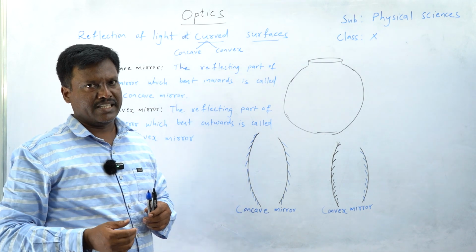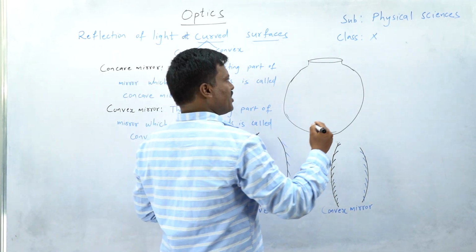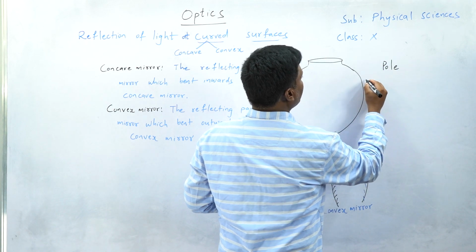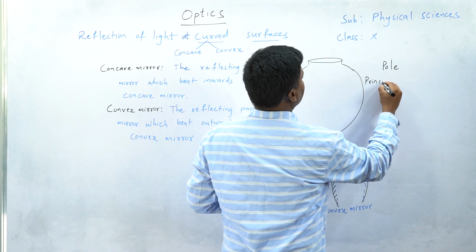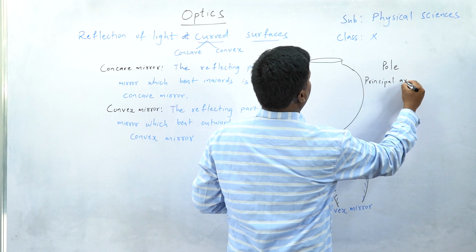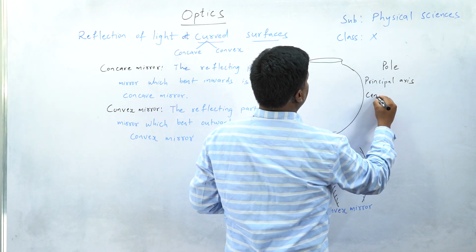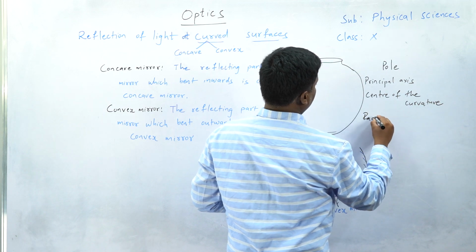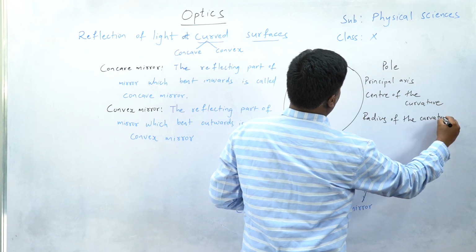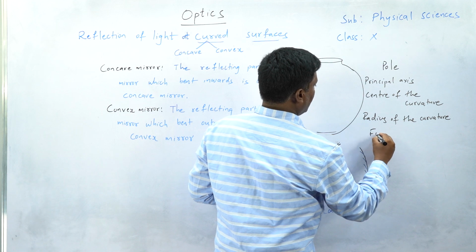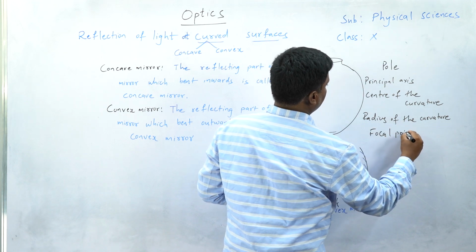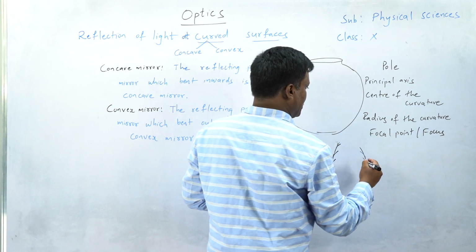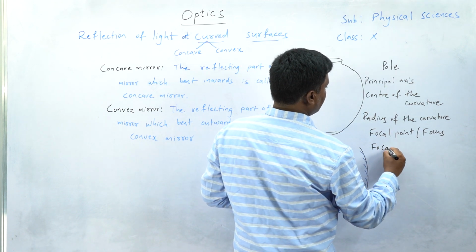In the next class, we are going to understand the important terminology related to spherical mirrors: pole, principal axis, center of curvature, radius of curvature, focal point, also called focus or principal focus, and focal length.